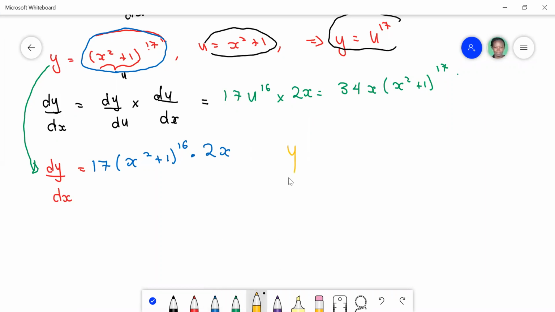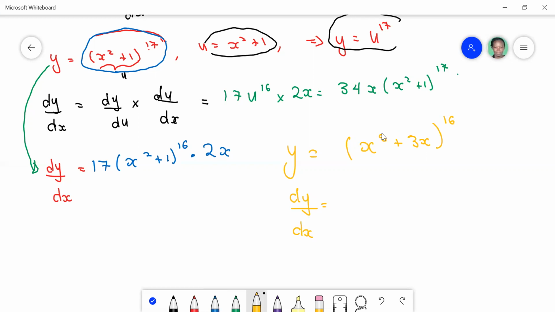I have y equal to (x to the power 5 plus 3x) to the power 16. And you are asked to differentiate dy/dx. You realize that looking at this, it's going to be difficult.